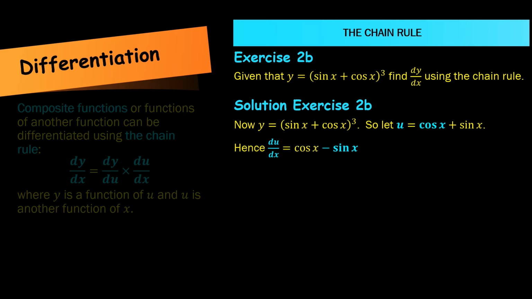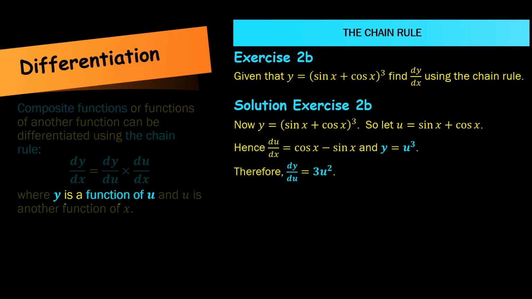Cos x differentiates to minus sin x, and sin x differentiates to cos x, to give us this expression for du dx. We can also express y as y equals u cubed, and then differentiate to give dy du equals 3u squared.